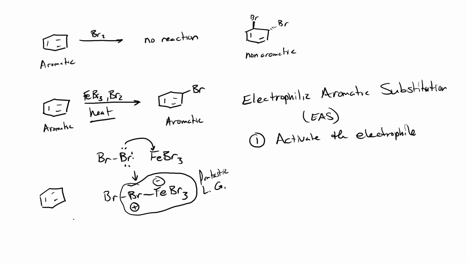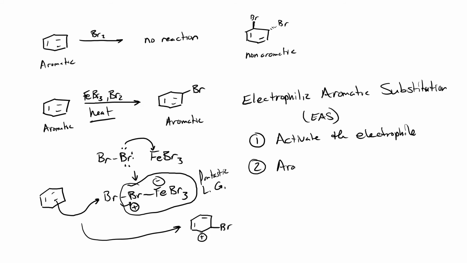You have to heat these things up to get this to go because the benzene is so unreactive. But when you have a good enough electrophile, benzene will react with the bromine. The pi bond will come attack that bromine and kick off this leaving group, and we're going to make a carbocation. This is step 2 of every electrophilic aromatic substitution.